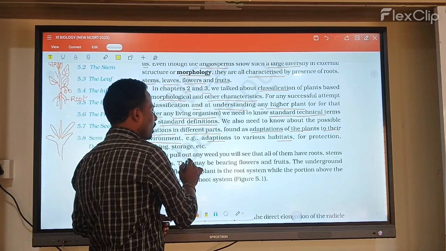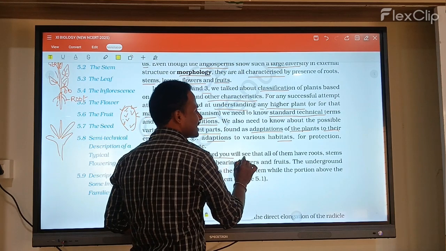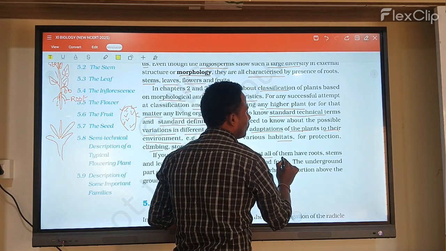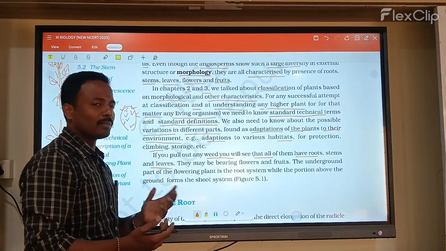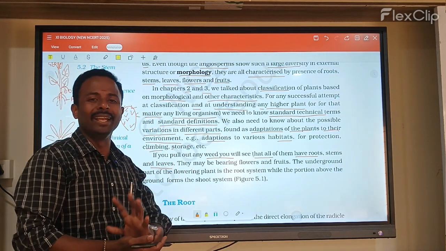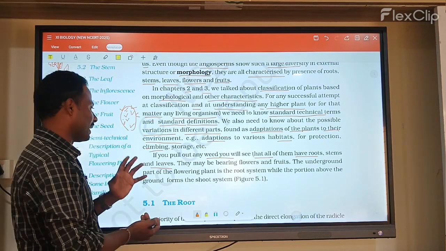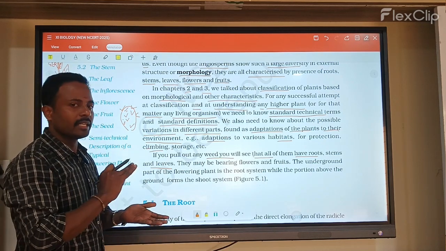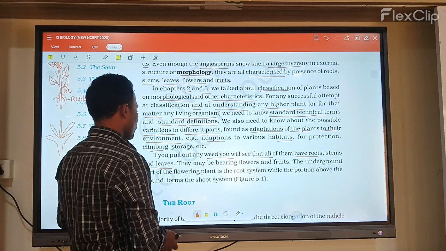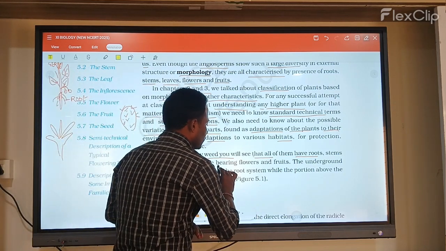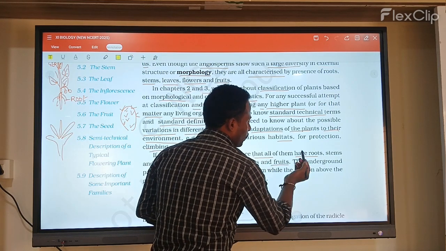Now, if you pull out any weed, you see that all of them have roots, stem, and leaves. For example, take one particular weed: roots are present, stem is present, as well as leaves. Now, they may be bearing flowers and fruits also.